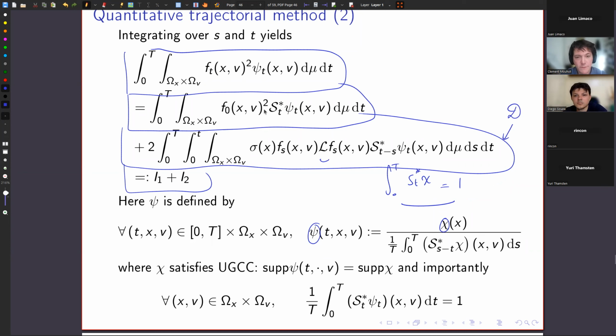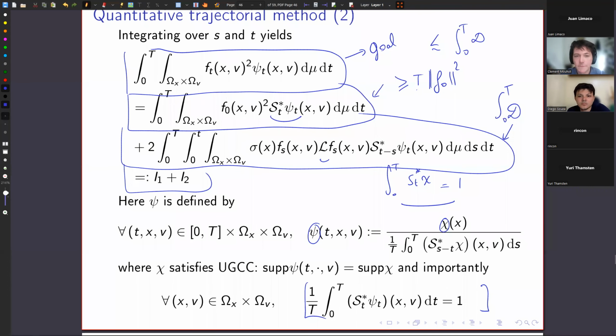Now, for this one, it controls from below t times the norm of f0, because if you look at it properly, this sums to 1 over t, this thing sums to 1. So there's no 1 over t, so it gives just t times the norm of f0. And now the goal is to prove that this last term is less than the integral of the dissipation.